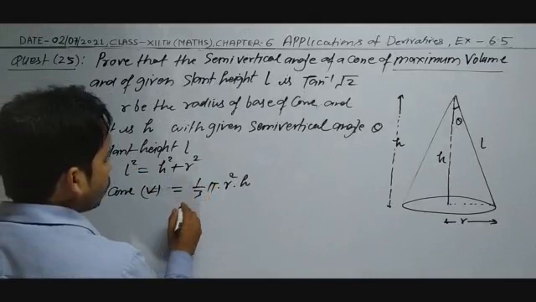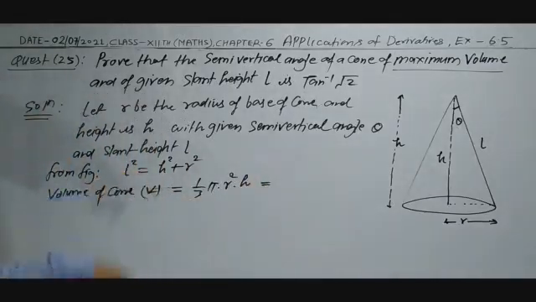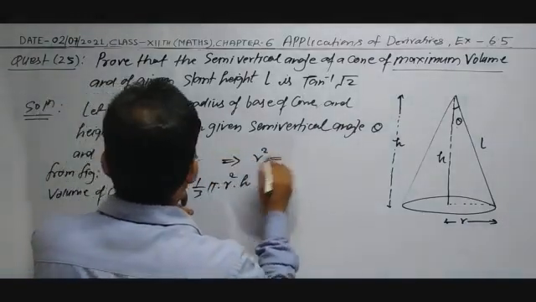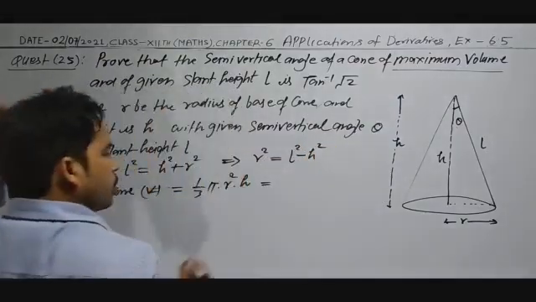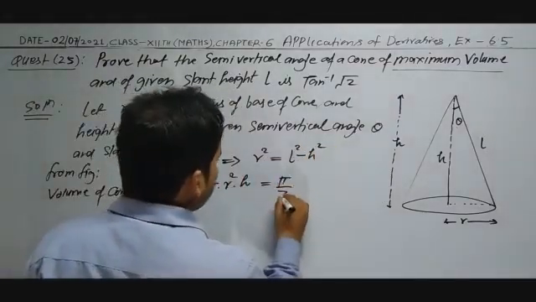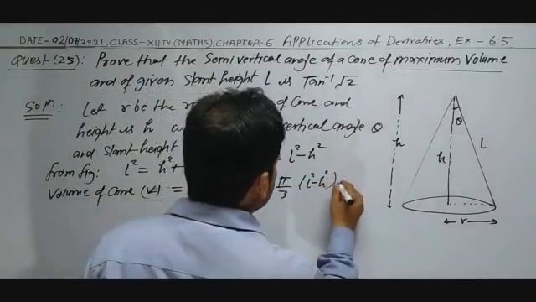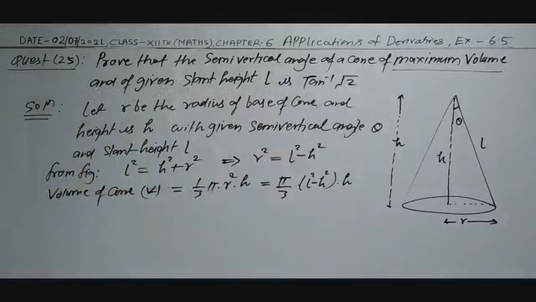Now you can change R square in terms of L and H. The value of R square is L square minus small h square. So the result will be pi by 3 into L square minus small h square, into small h. This is the volume of the cone.